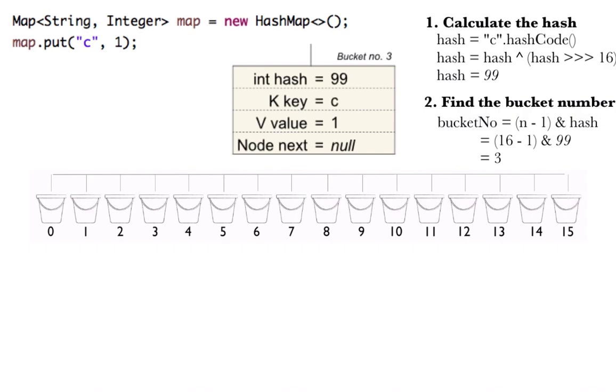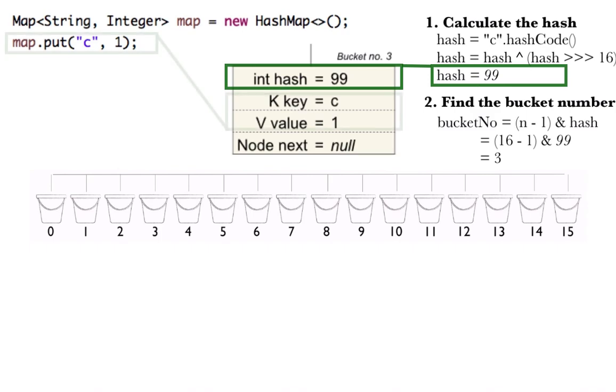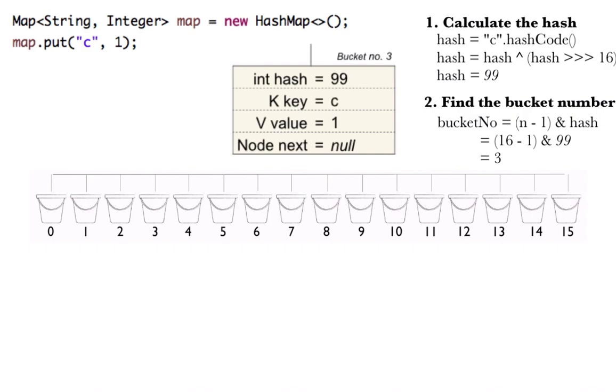As we have seen previously, the node consists of four properties: the hash, which in this case is 99, the key and the value, and the next node. The next is currently pointing to null, but we will get back to its working in the later part of this tutorial. Let's now place this node in the fourth bucket in our array. Remember, this is the node number 3 in zero index system.